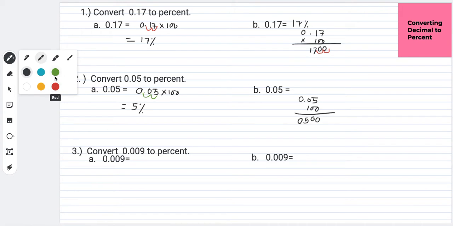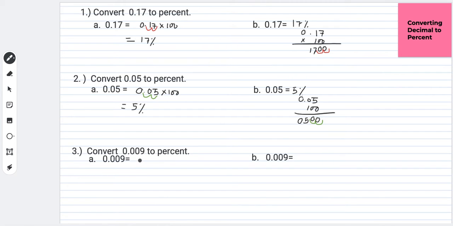How many decimal points do we have? 1, 2, so from the right side of 500, we have to move going to the left side twice. And our answer now is 5, and next the percent sign. That is, 0.05 is equivalent to 5%.